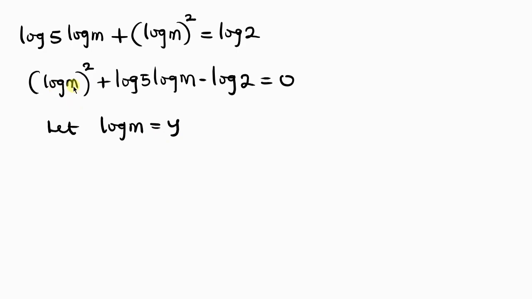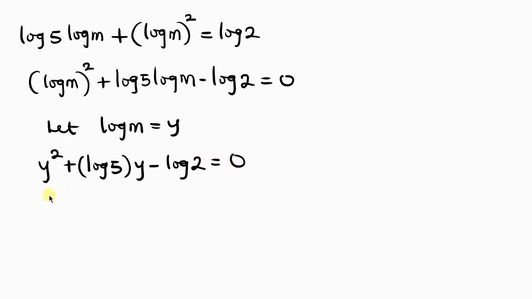So this becomes y squared plus log 5 y. Remember, this is log m, which is y, then minus log 2 equal to 0. So we're going to be applying the quadratic formula to solve this.